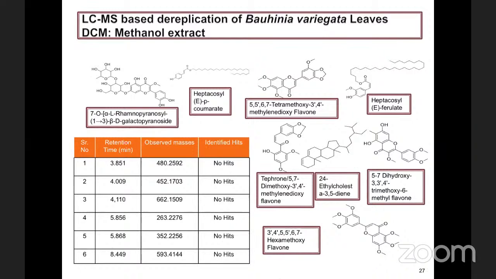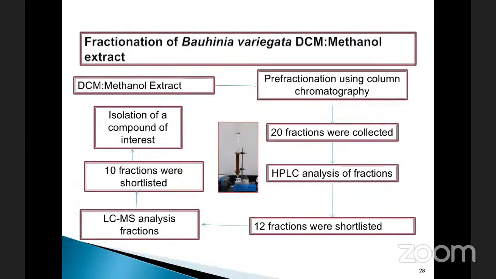We have observed some hits, which are shown in structural form here, but for some we got peaks which are showing no hits. And that was the interesting part, because we wanted to work on the compounds which are novel and for which no structure has been reported. And so we went ahead and isolated, and one of my master students worked on this particular project.